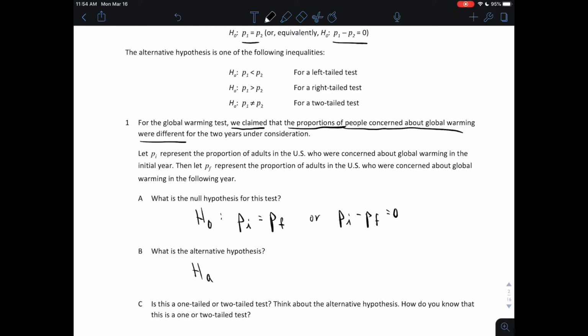So that means that our alternative hypothesis, H sub A, says p sub i is not equal to p sub f. And also while we are here, we can write something down about the difference. p sub i minus p sub f is not equal to 0. And we can also remind ourselves that this alternative hypothesis is our claim.